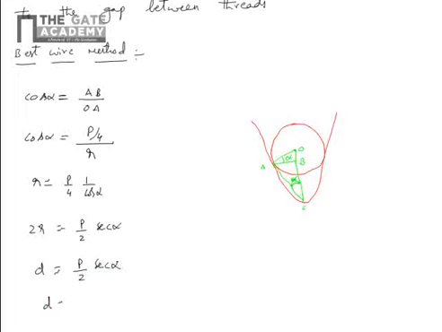So D is the best wire diameter, where alpha is the angle between the threads, and P is the pitch of the thread.